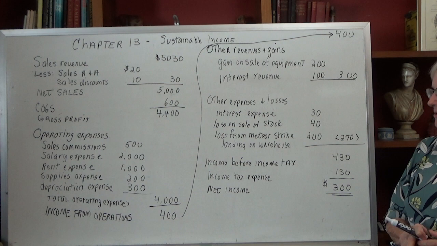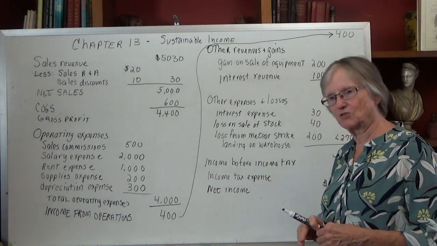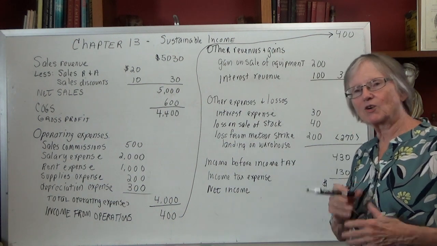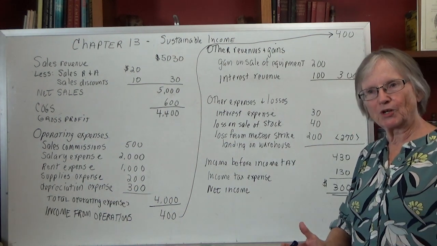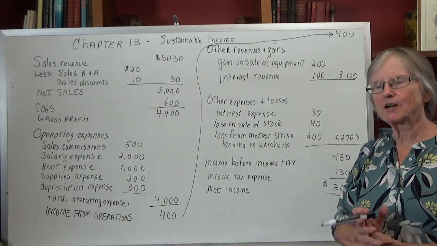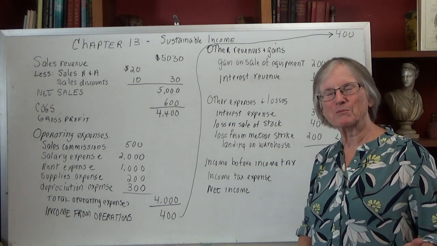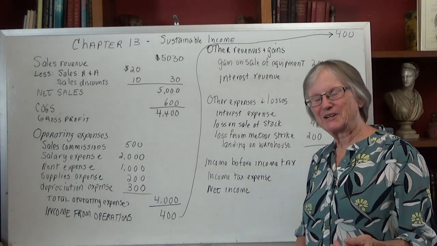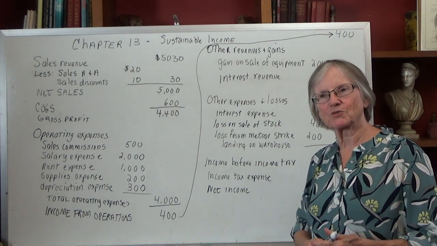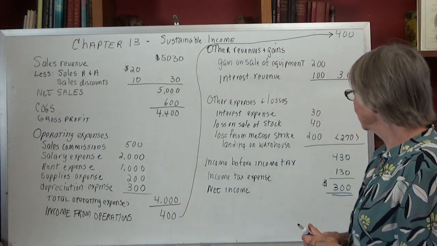There is another step in the multi-step, and that would be if we had discontinued operations. These are operations that maybe we just sold off, it could be a whole segment of the business. H&R Block sold off their mortgage division right before the 2008 financial crisis. That was a pretty smart move. So that would be an example of a discontinued operation.